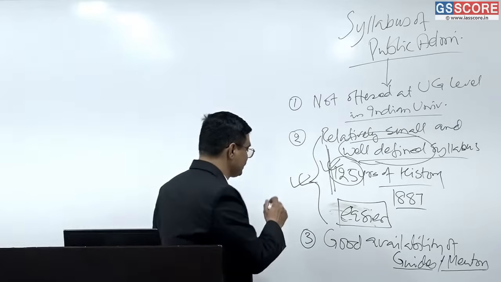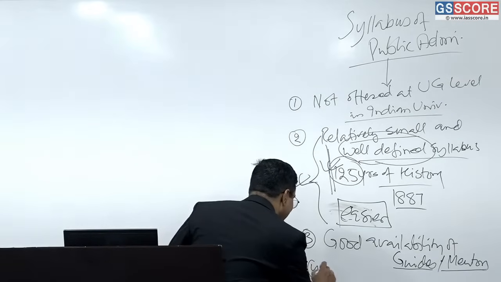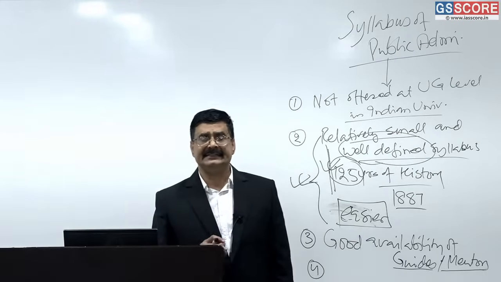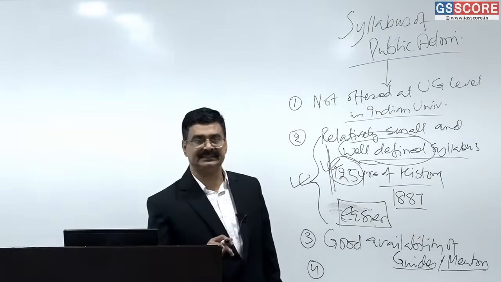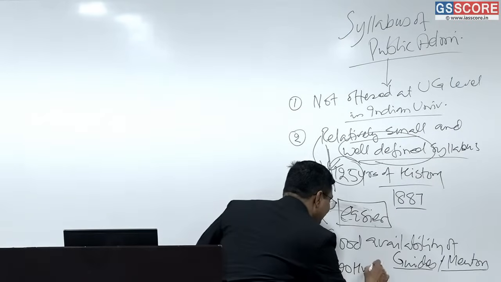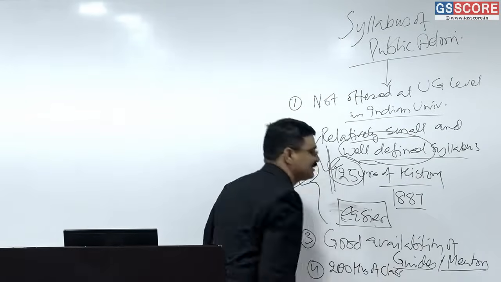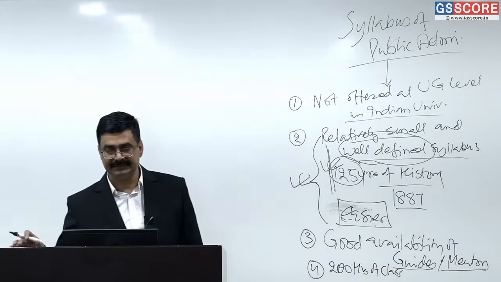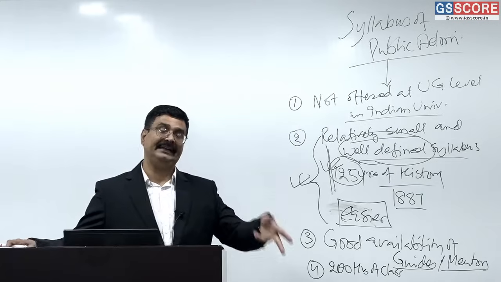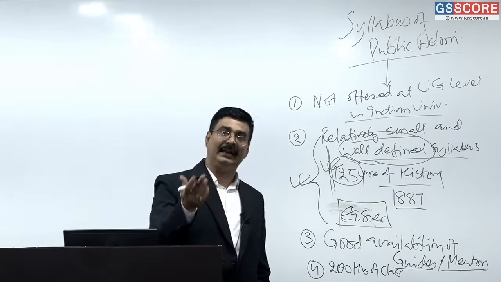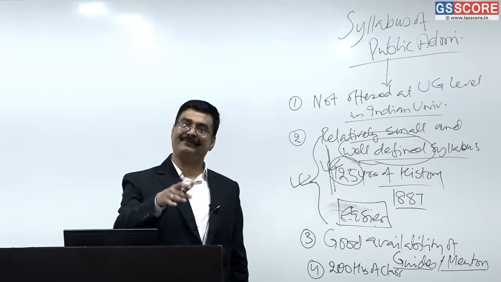For the reason of the small syllabus, another important thing is that it can be covered in 200 hours. So 200 hours of class study completes the syllabus. Again, it is not only completion of the syllabus in a lesser span of time, rather it helps you to save time.